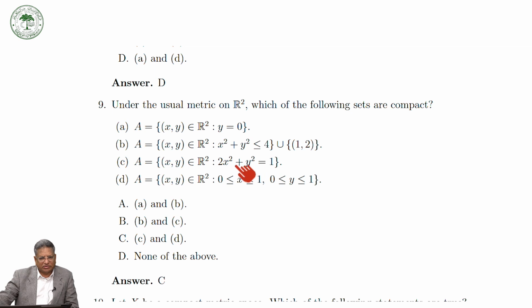So this set is closed and bounded, and this set is closed and bounded. So both C and D are true. These two sets are closed and bounded, and therefore they are compact, but the others are not.